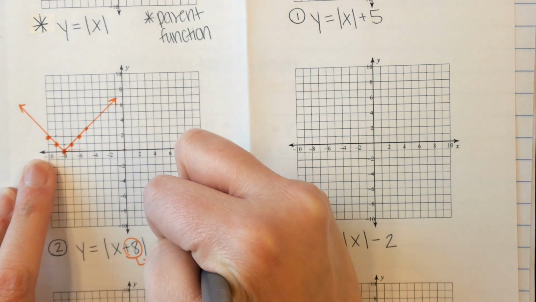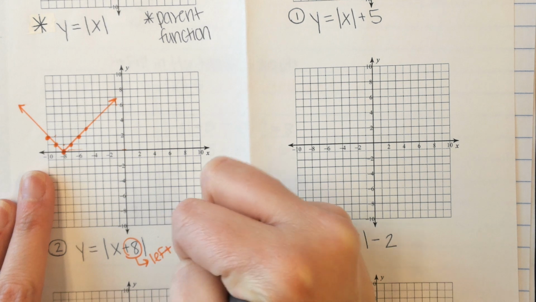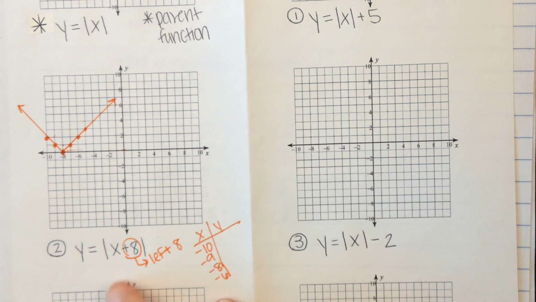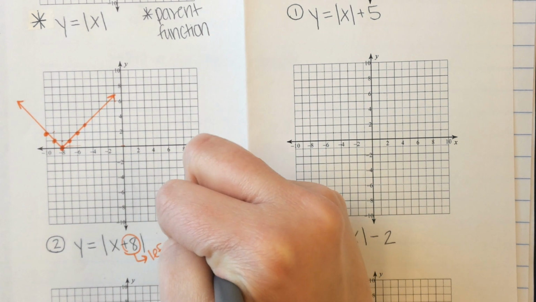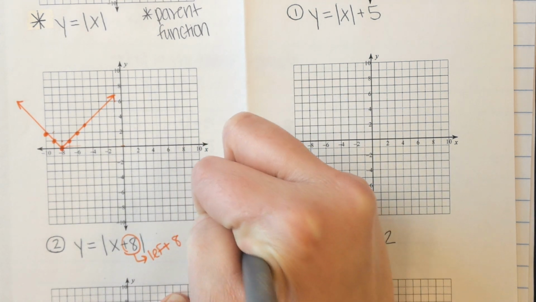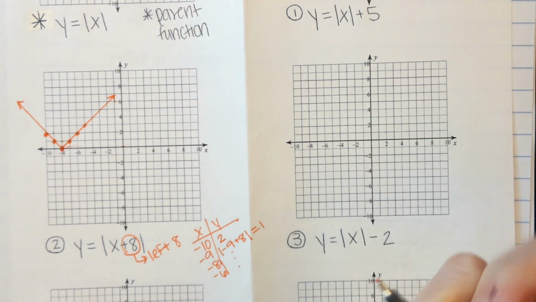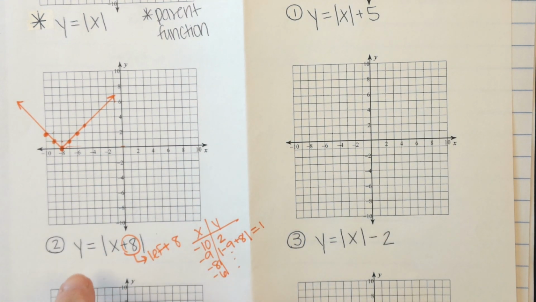So like you could say negative 10, negative 9, negative 8, negative 6, and then you could plug in negative 10 plus 8 is negative 2, and the absolute value of that is 2. Absolute value of negative 9 plus 8 is 1, and you could keep doing that, so on and so forth. But probably the easiest thing would be to graph it and then find your values.